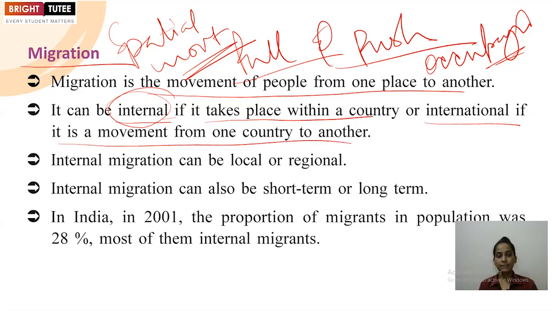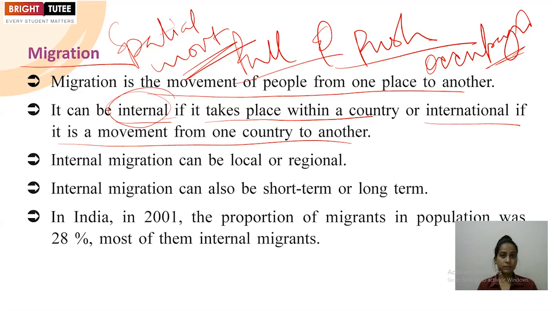So hopefully it is clear. Internal and international. We take it as internal migration when people move within the political boundary of a country, from one state to another state. Clear?